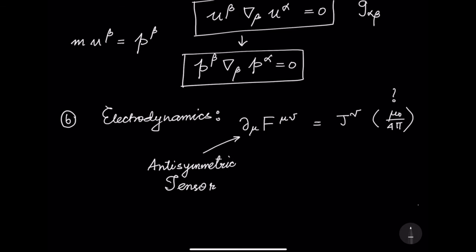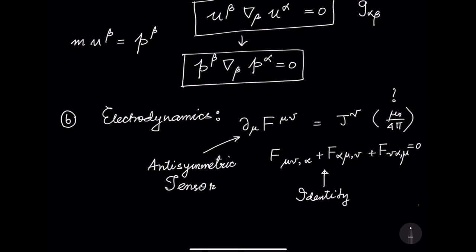And there is one more equation where you write, so it's basically F mu nu, alpha plus F alpha mu, nu plus F nu alpha, mu equals 0. This is an identity.